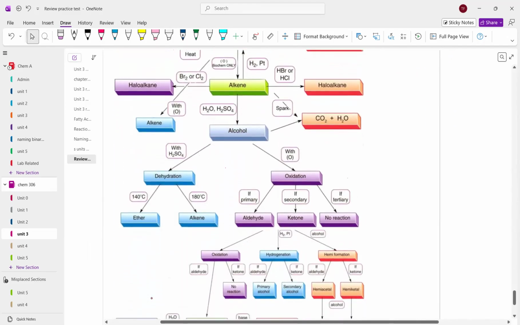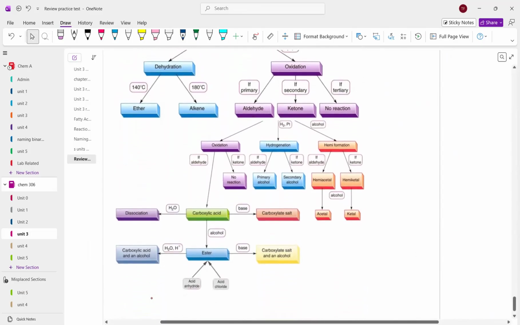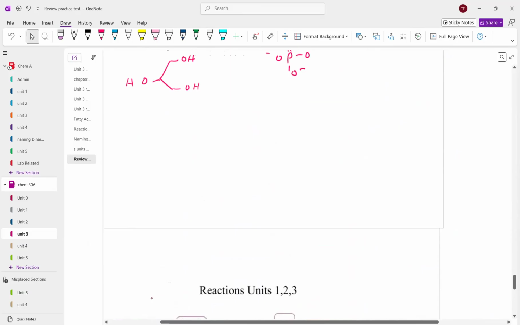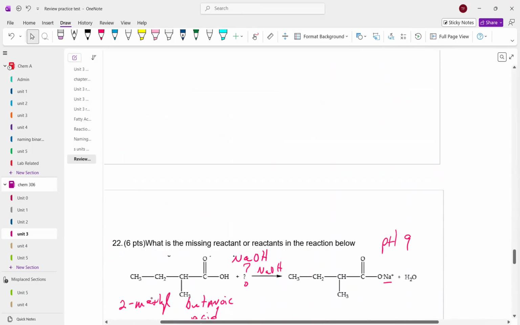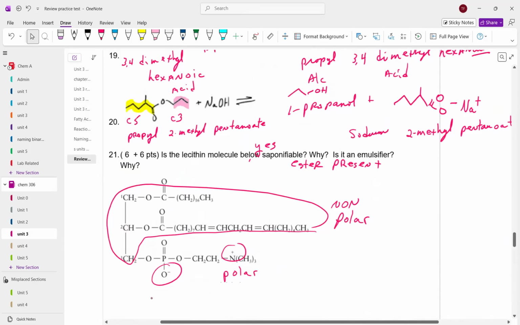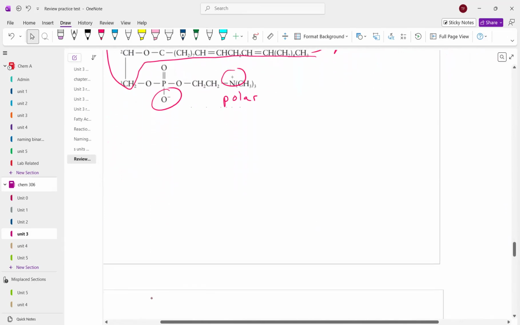Of course, you'll get the flow chart. Now, there's going to be one question that's not on this practice test. I would ask you to make an ester 3 different ways.